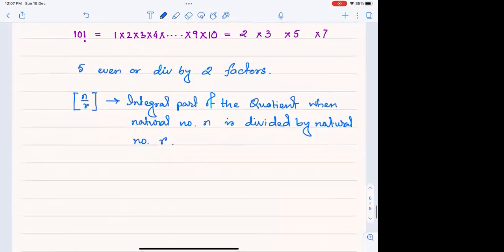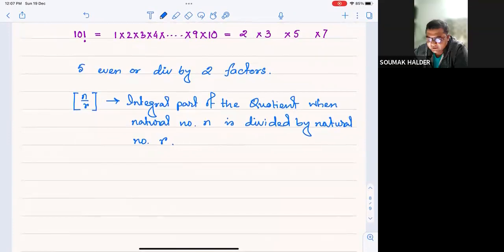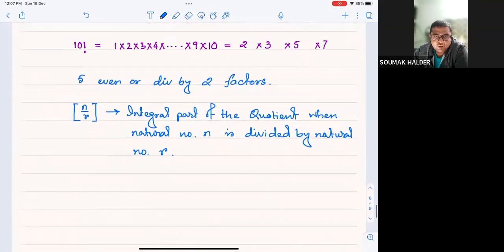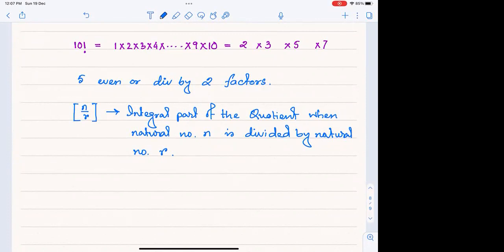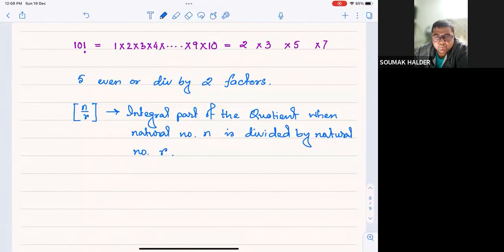Yes, sir. So that means we have got 5 even numbers under 10 factorial, and hence we will get 2 to the power 5. But those who are multiples of 4, meaning multiples of 2 squared, can give us more 2s. Are those divisible by 4 even or not?